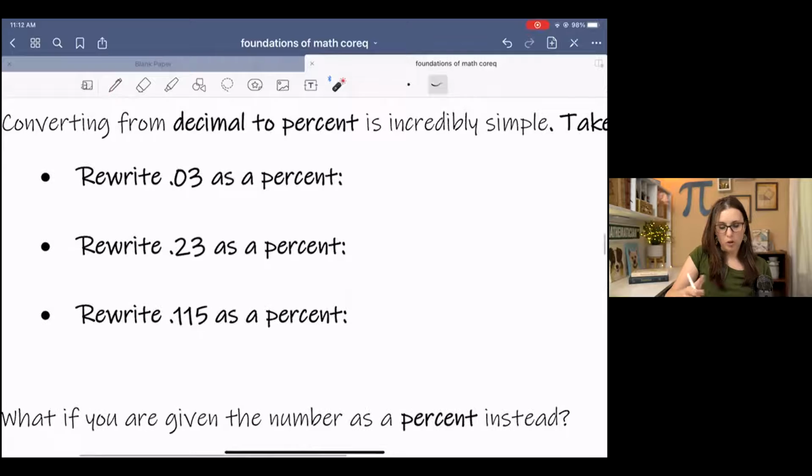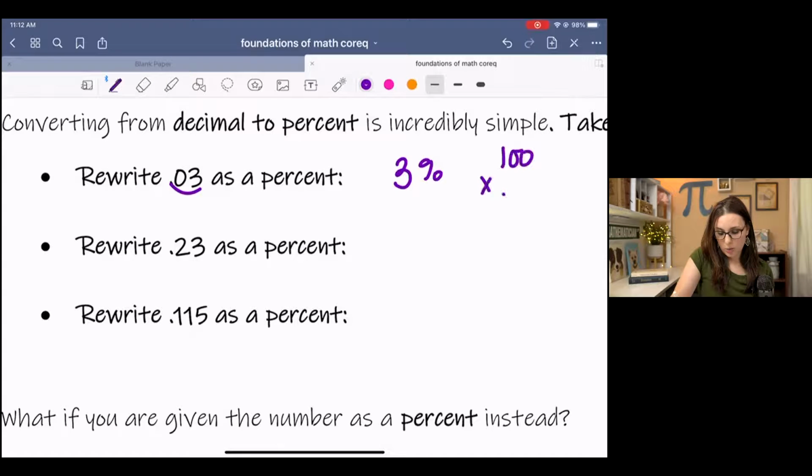So if I were to multiply 0.03 times 100, I'm shifting the decimal 2 places, and that becomes 3%. And all I did there was 100 times 0.03.